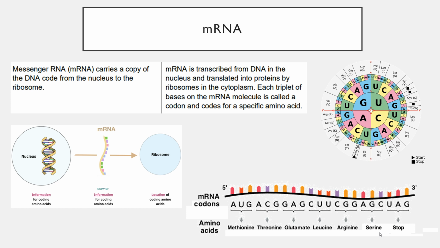Transcription is the process of building the mRNA, and this takes place within the nucleus. The DNA is safe, protected, so we build the mRNA in the nucleus using the information found in the DNA molecule.